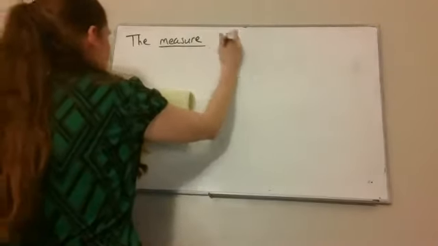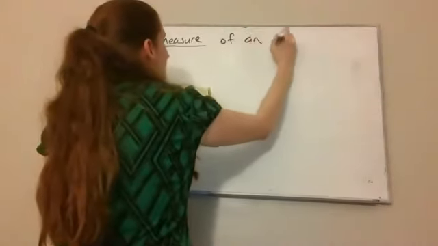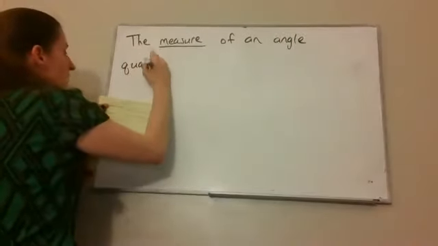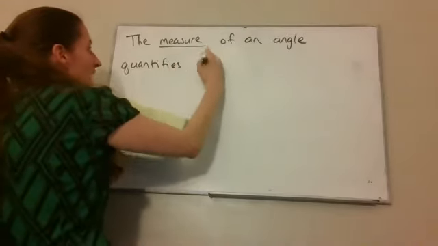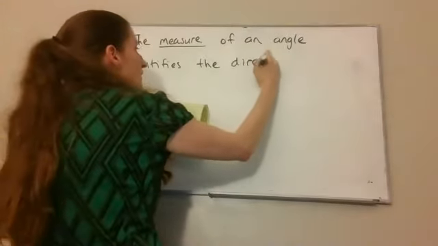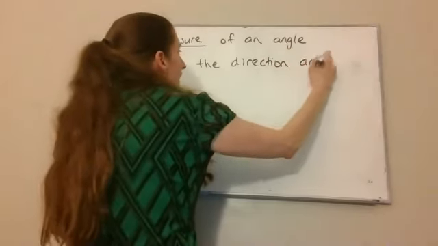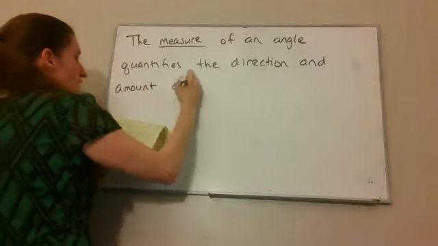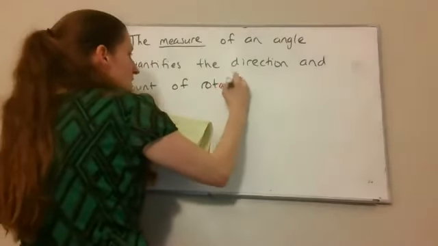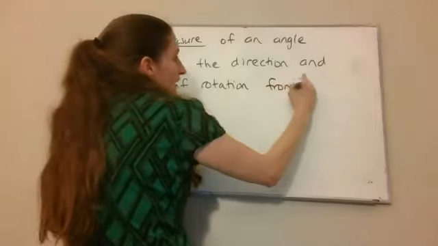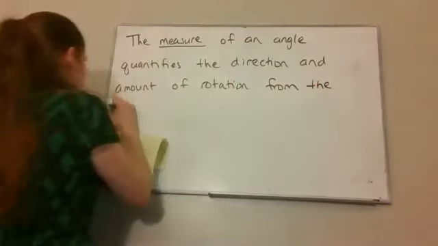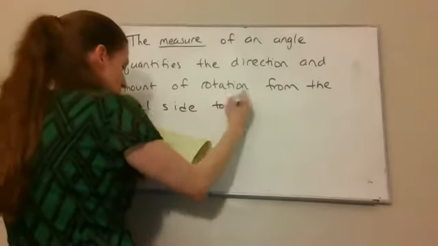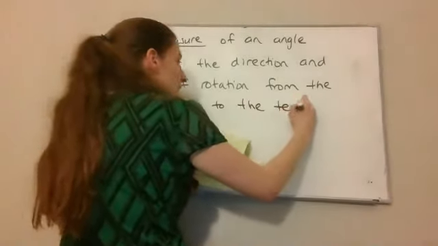So the measure of an angle quantifies the direction and amount of rotation from the initial side to the terminal side.